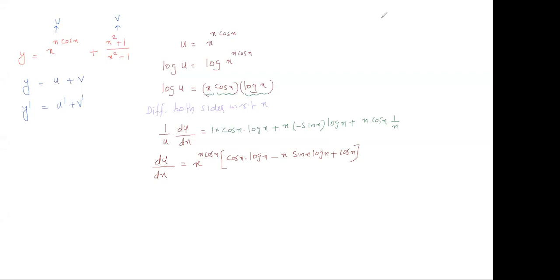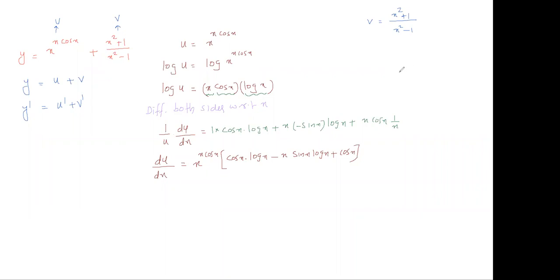So your function v is equal to x square plus 1 divided by x square minus 1.